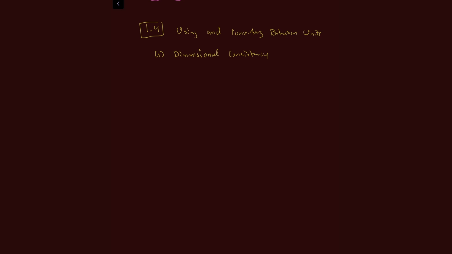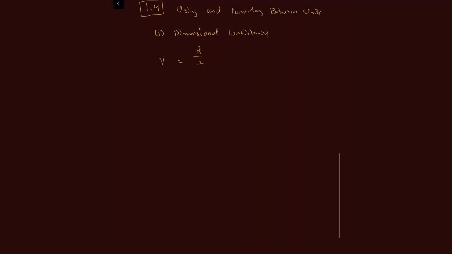And what it is pretty much is that, let's say you have an equation like, let's use velocity equals distance over time. Dimensional consistency is telling you that the left-hand side should equal the right-hand side when it comes to units.